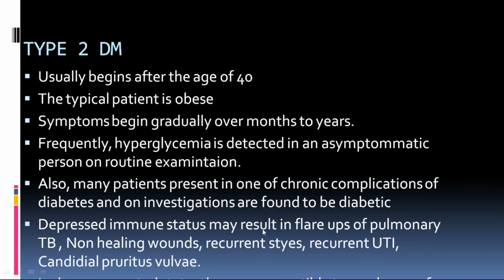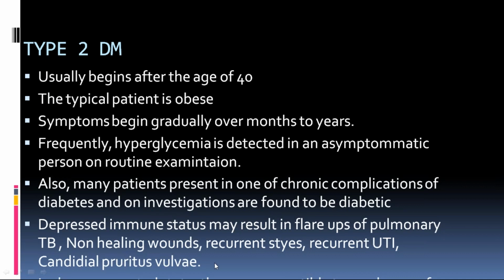Depressed immune system status may result in flare-ups of pulmonary TB and non-healing wounds. So having diabetes mellitus is actually an immunocompromised state. Because of the depressed immunity, they can catch infections easily. So they may have flare-ups of pulmonary TB or non-healing wounds, recurrent styes in the eyes, recurrent UTI, candidal pruritus vulvae.